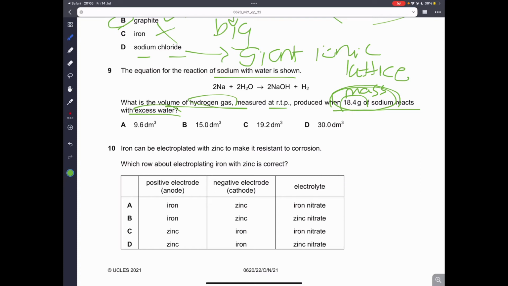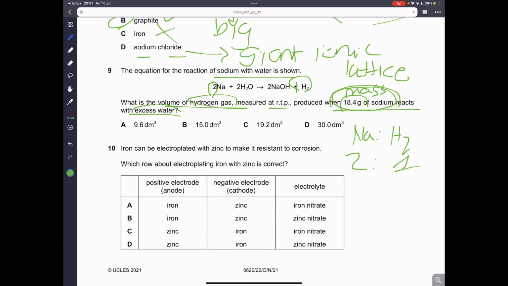So we have to write a mole ratio with sodium and the hydrogen, because we want to find the hydrogen gas being produced. So from the equation, we can see that 2 sodium makes one hydrogen gas molecule.